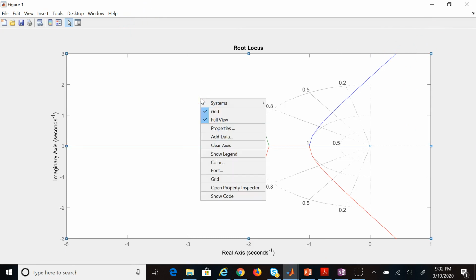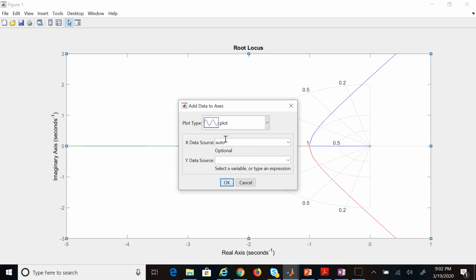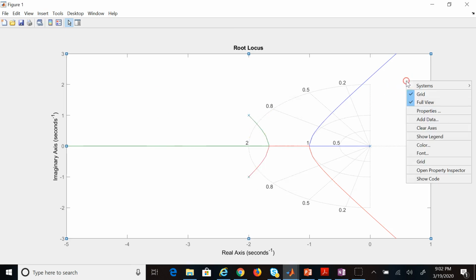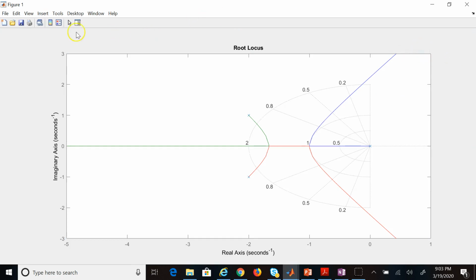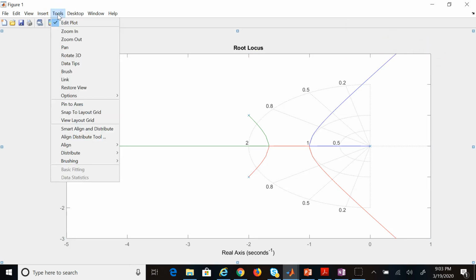So let's see if I can add data. I click here, right click in the blank area and say add data. Oh no, not add data, it's called data tip. Let's see if it's not here, then I can find it from over here. If not, I can go under tools and see if I can find data tips.